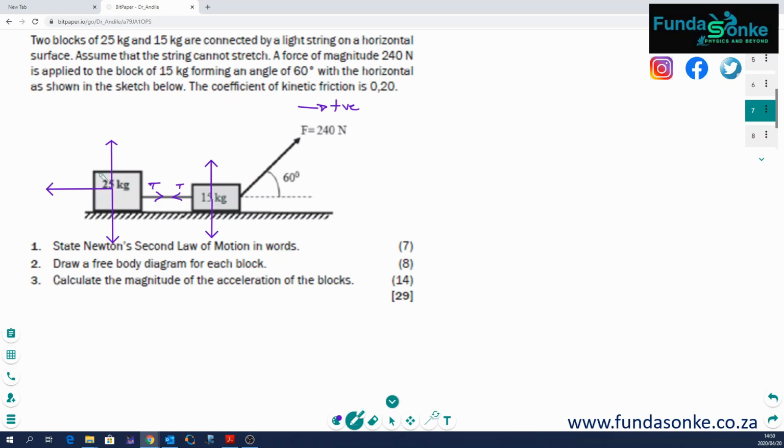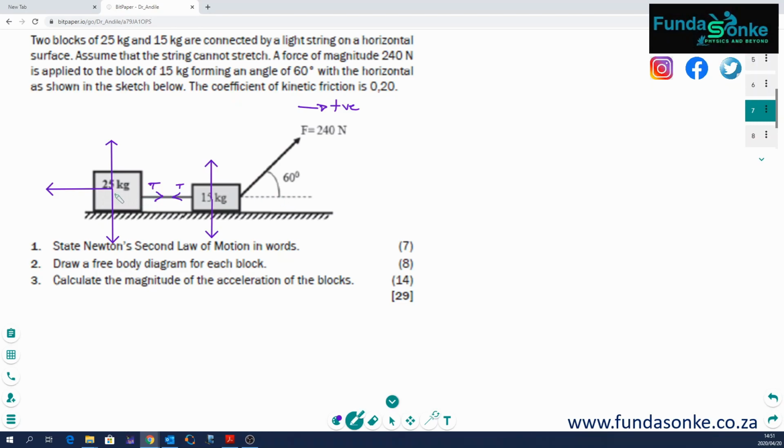When considering the 25 kg mass, this 25 kg mass is being pulled by this string which is attached to this mass, where this mass, in turn, is being pulled by the horizontal component of this force of 240 newtons.